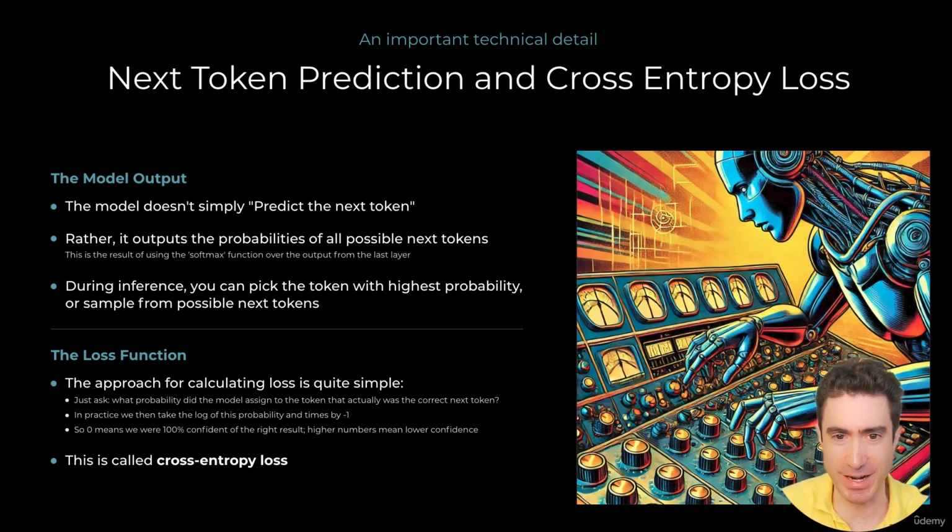There's a function called Softmax that converts these numbers into what can be thought of as probabilities, because each token will then be somewhere between 0 and 1, and they will all add up to 1. So it gives you a way to interpret the results of the model as a probability of each possible next token. So that is actually what comes out of the forward pass when you're running this in inference mode. So what you get out of it is all of these probabilities. So what do you do with that?